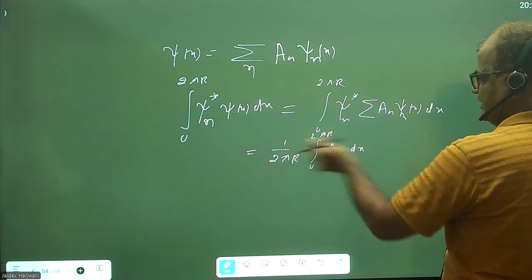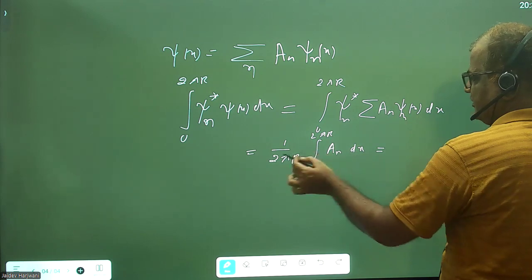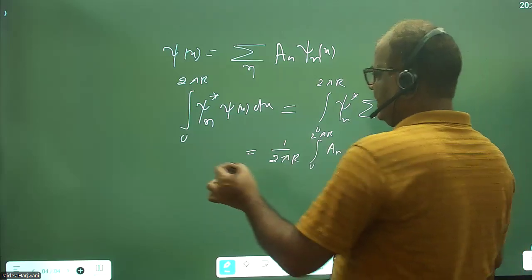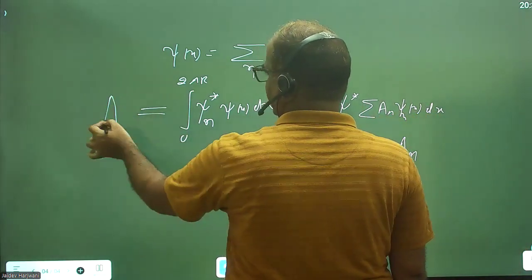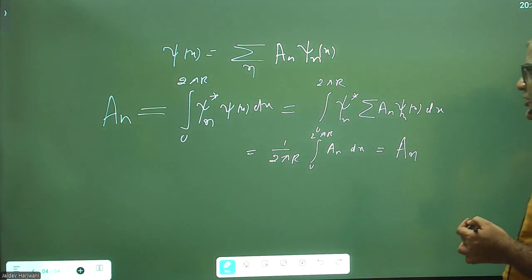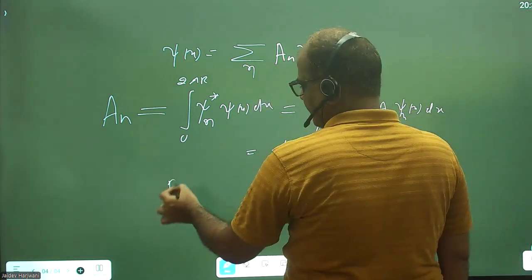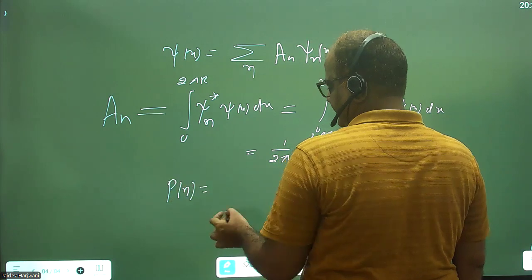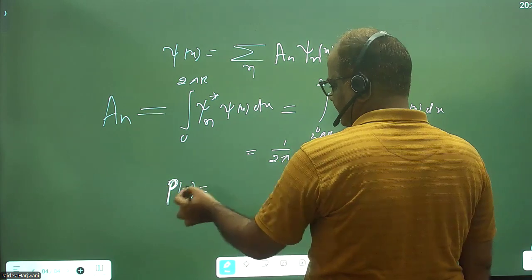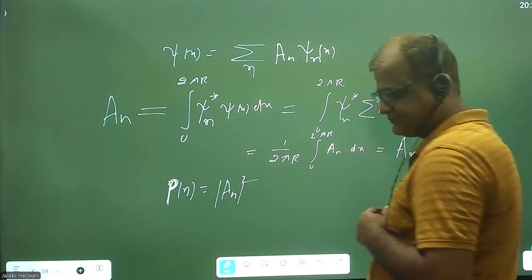If I integrate this, only this term will be left, and this will give me a_n. So if you want to find a_n, you have to do this integration. Once I know a_n, I know the probability of state n, or the probability that the momentum will be n, which is mod of a_n square.